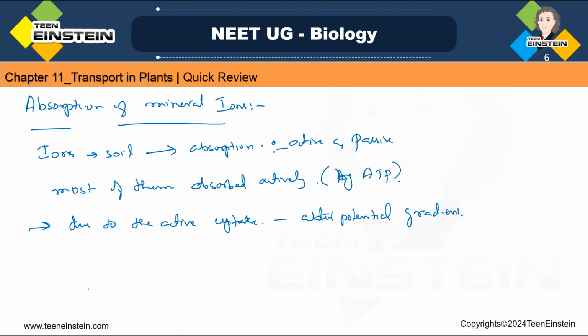So here, first there is active uptake by utilizing energy, and a water potential gradient develops in the root, right? So there is a need. Now that the gradient is developed, they have to take water. That makes the osmotic entry of water.